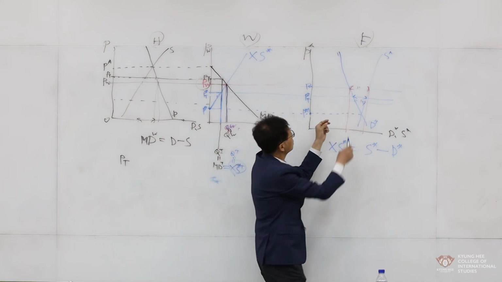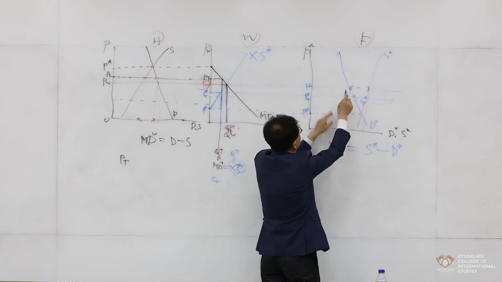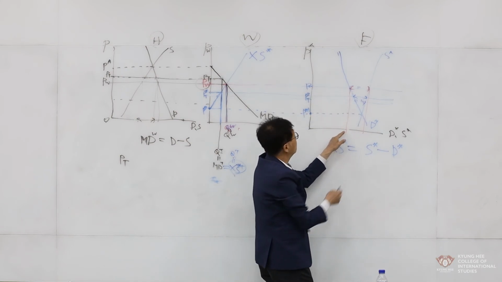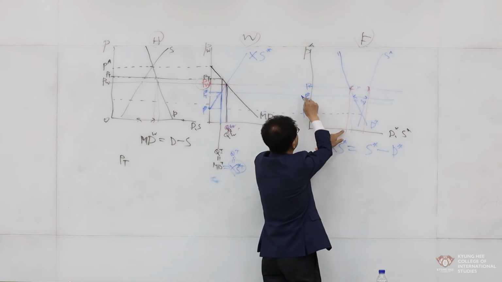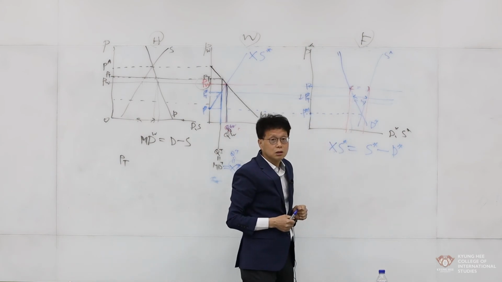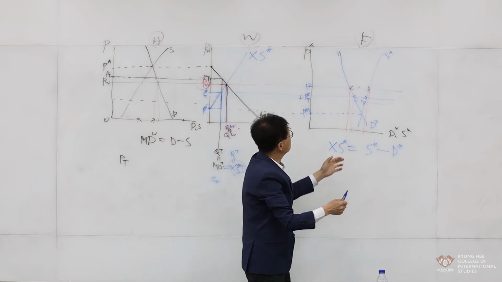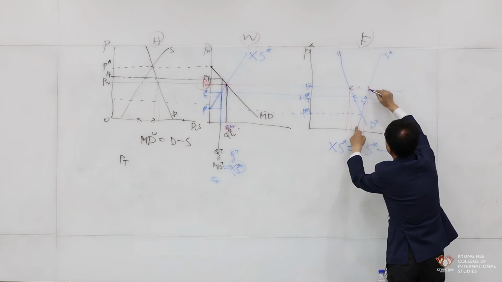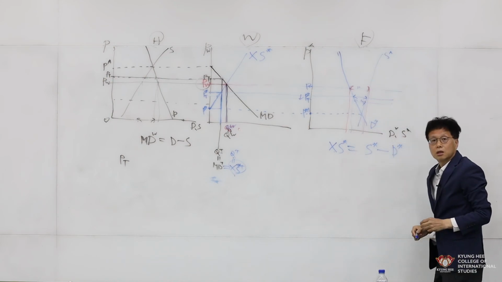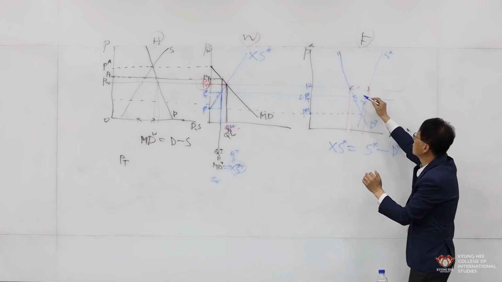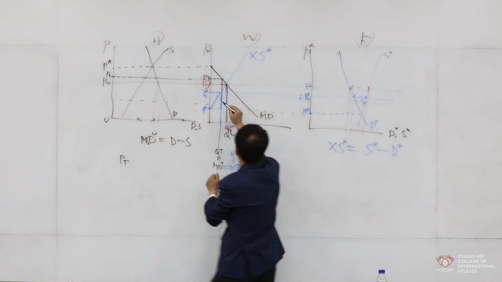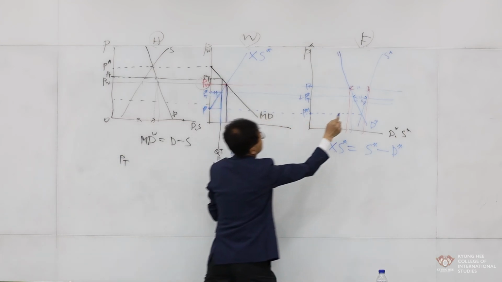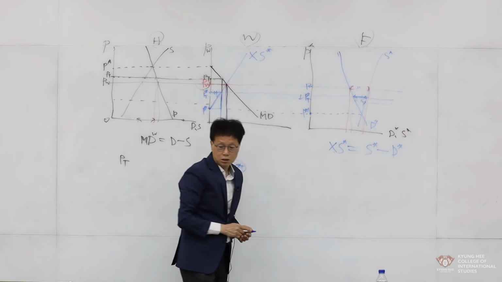Consumers' demand, originally when the world price is PW, consumers' demand is here. Now it increases because the world price decreases. What happened in domestic production in foreign? This one was here, but now decreases at this price. Right? So export supply decreased by this amount. Anyway, this one is equal to this one. Right? This one is equal to this one, isn't it?